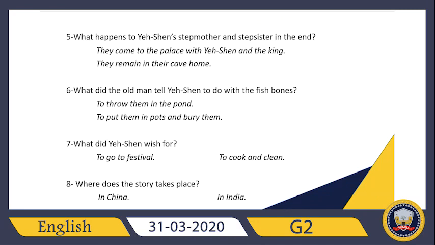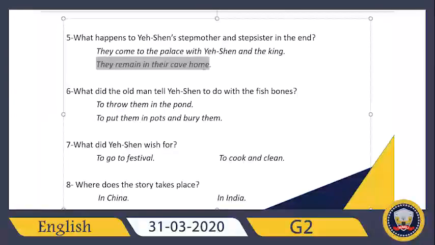Now question number 5. What happens to Yeshen's stepmother and stepsister in the end? The first option is they come to the palace with Yeshen and the king, or they remain in their cave home. Yes, you are right. They remain in their cave home. Number 6.